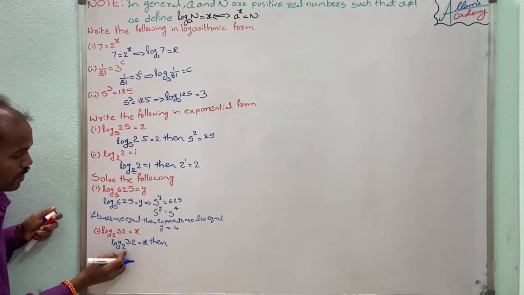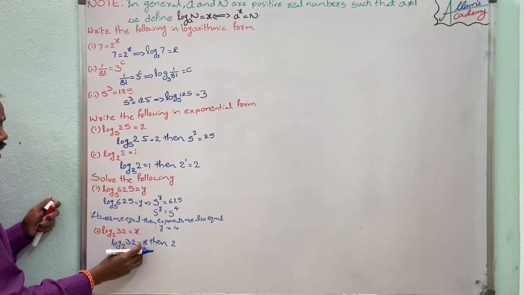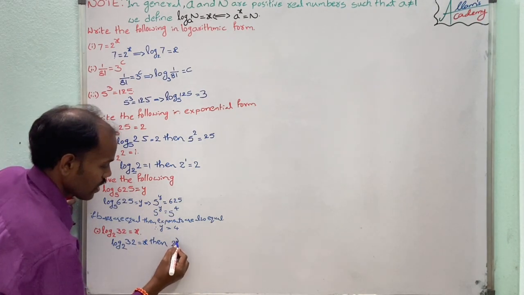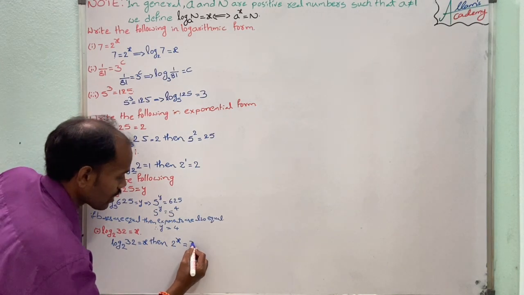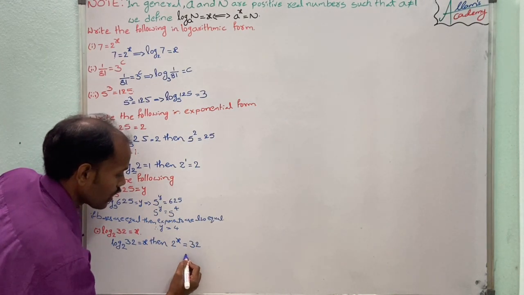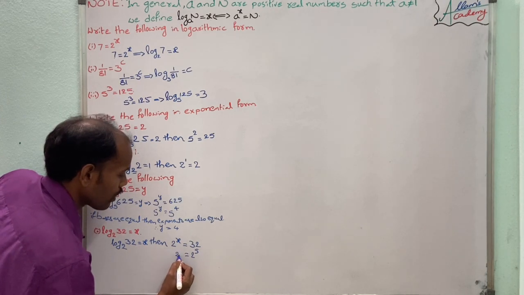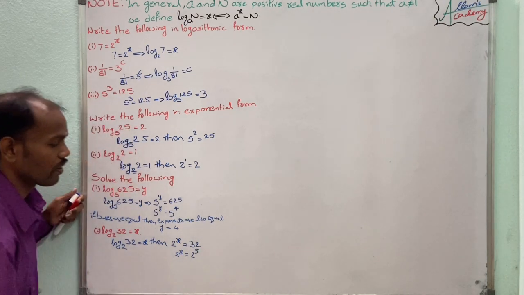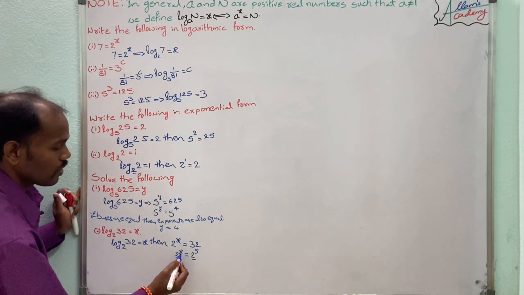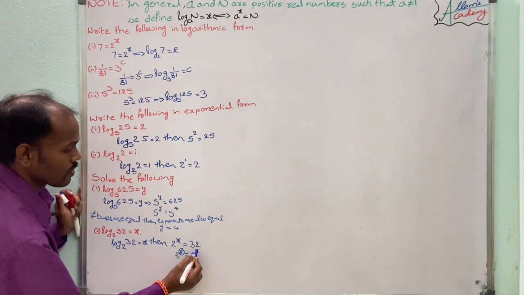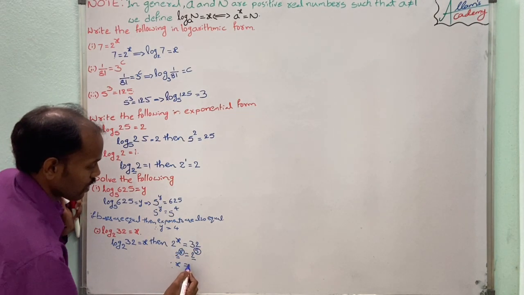So here the base is 2, 2 power x is the result equal to n, the number after the log, which is 32. Now 32 can be expressed as 2 power 5. So 2 power x equal to 2 power 5. Now here also the bases are equal, so the exponents will also be equal. So we conclude that x equal to 5.